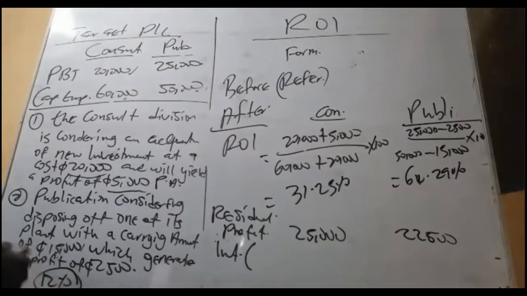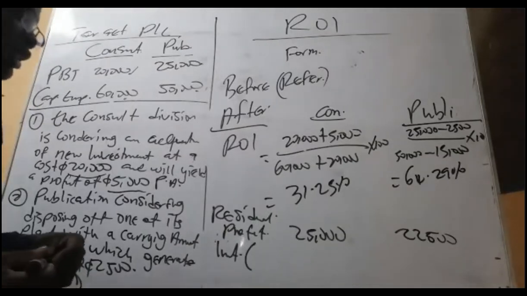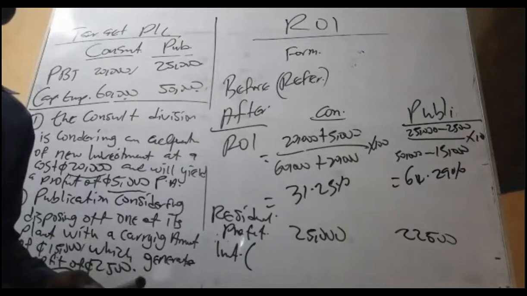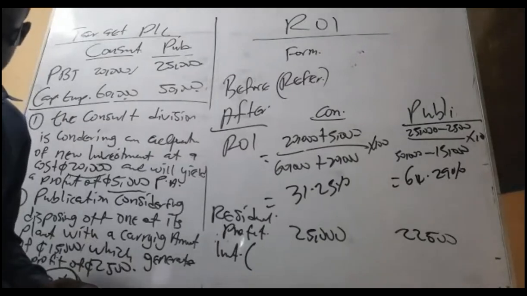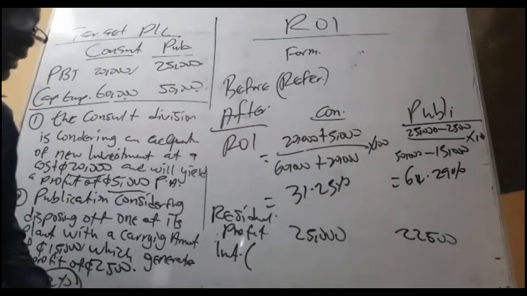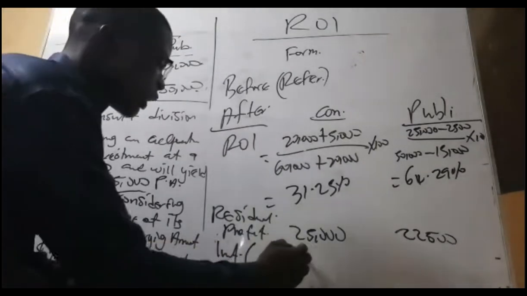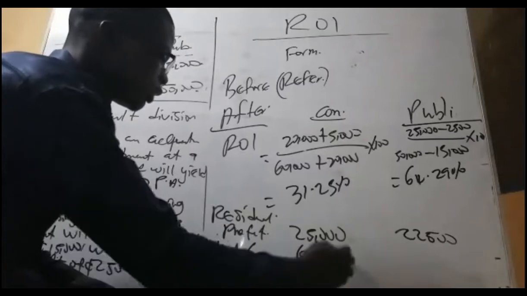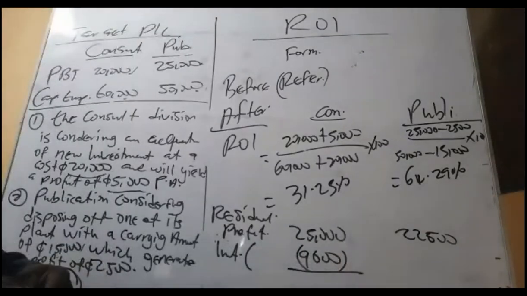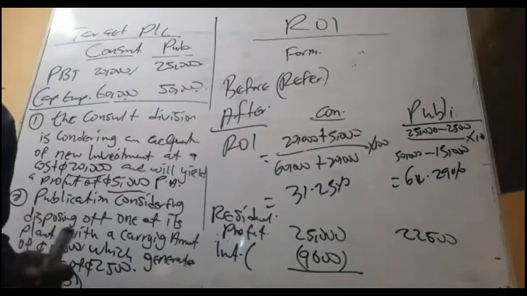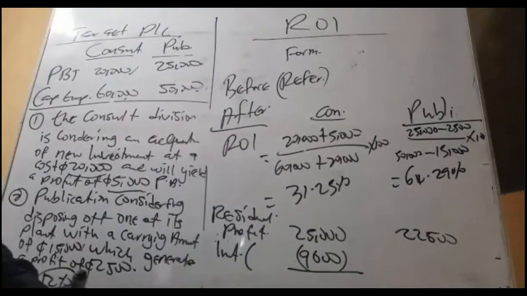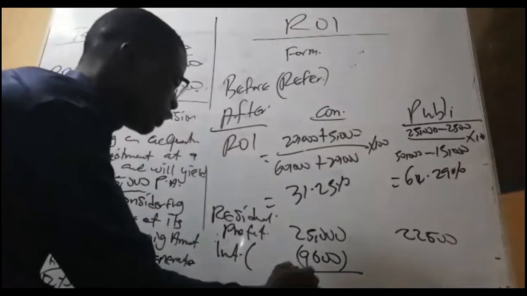The 12% is given to us in the question. So 12% of 80,000, 0.12 times 80, is 9,600. Therefore the residual income is 25 less 9.6, which gives us 15,400.